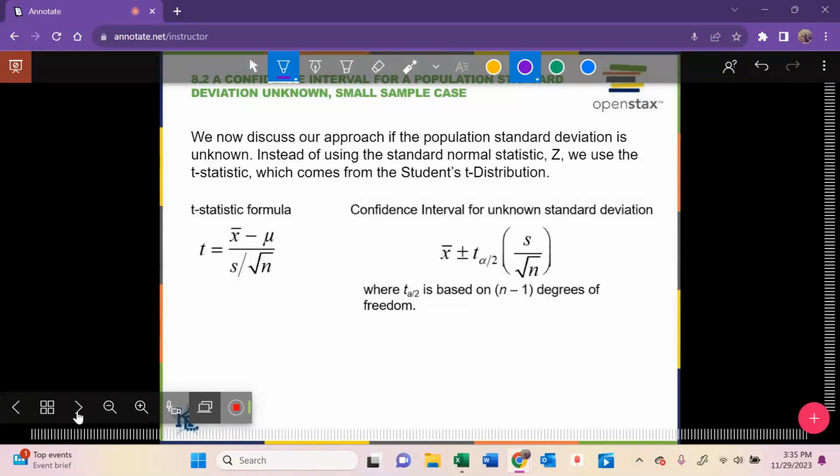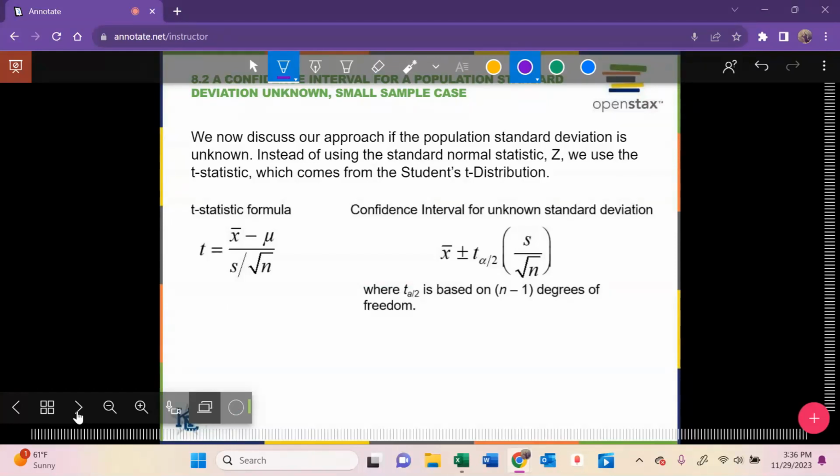Okay, so this talks about a new distribution which we haven't discussed before. This is called the student t-distribution. It is a lot like the normal distribution. The only real difference is instead of being measured by its mean and standard deviation, it is measured by its sample size, which then is changed to find a degree of freedom, and we use it that way.